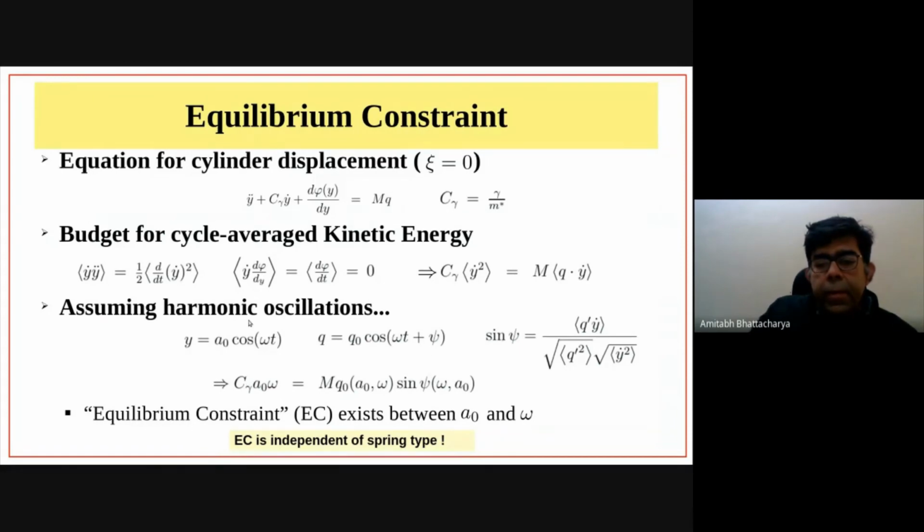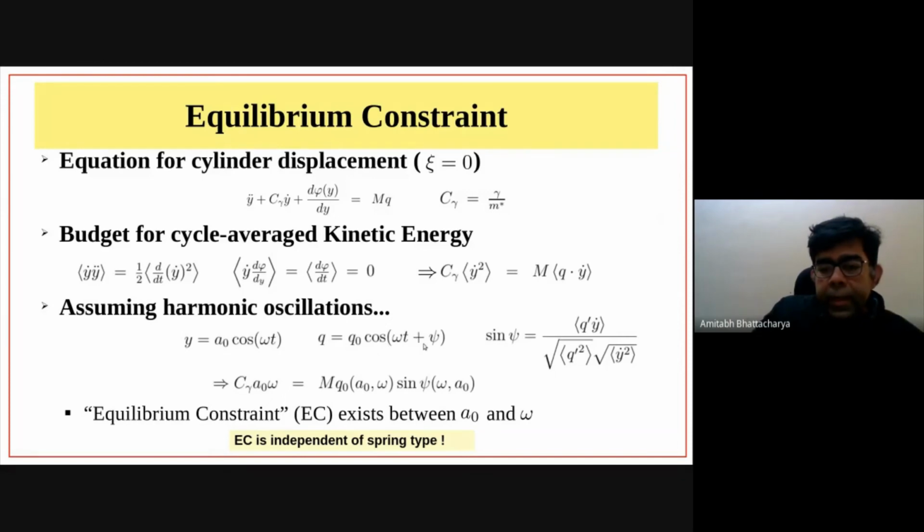And if I now assume that the oscillations are more or less harmonic, which is a bit of an assumption when your spring is nonlinear, but let us say that we are looking at the fundamental mode of the oscillation, so we get harmonic oscillations in the displacement as well as in the lift force.